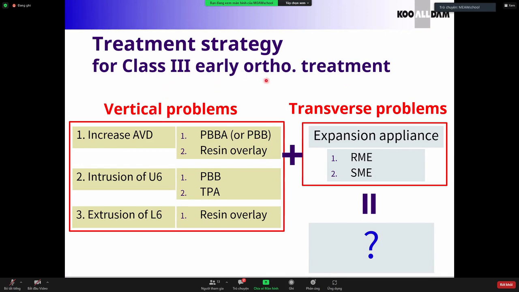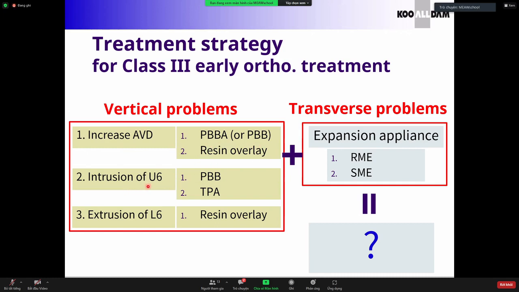Among lots of appliances, we may use this kind of appliance or a combination of them. In order to increase anterior vertical dimension, PBB or resin overlay.